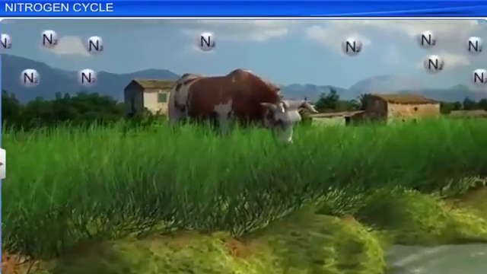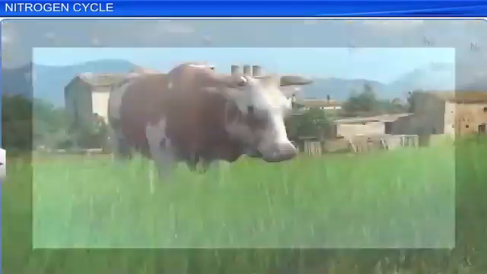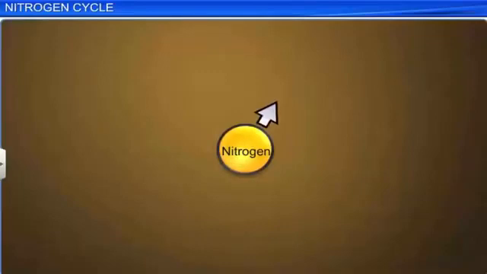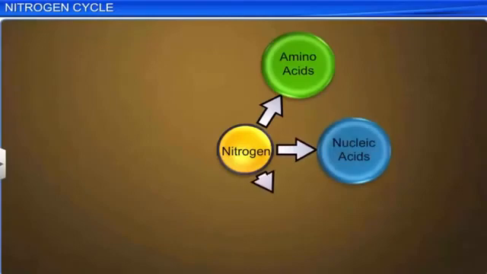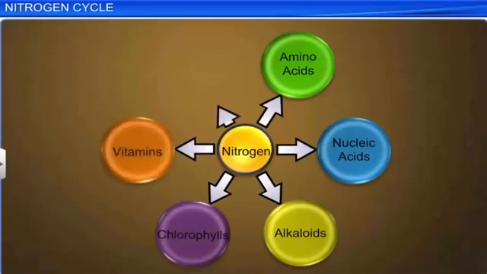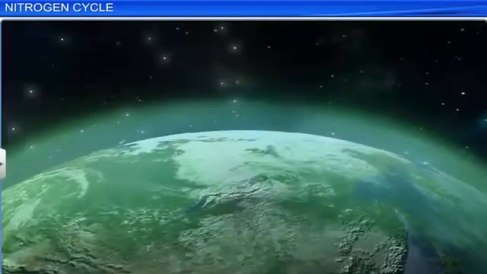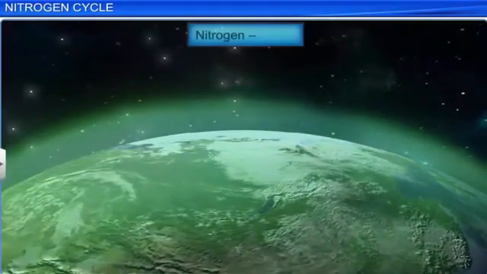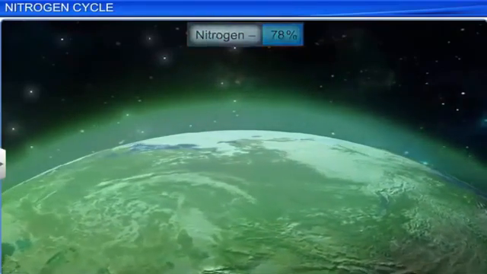Nitrogen is an important element for living organisms, as it is an essential constituent of amino acids, nucleic acids, alkaloids, chlorophylls, vitamins, and hormones. It is one of the major constituents in the atmosphere and comprises 78% of all gases by volume.